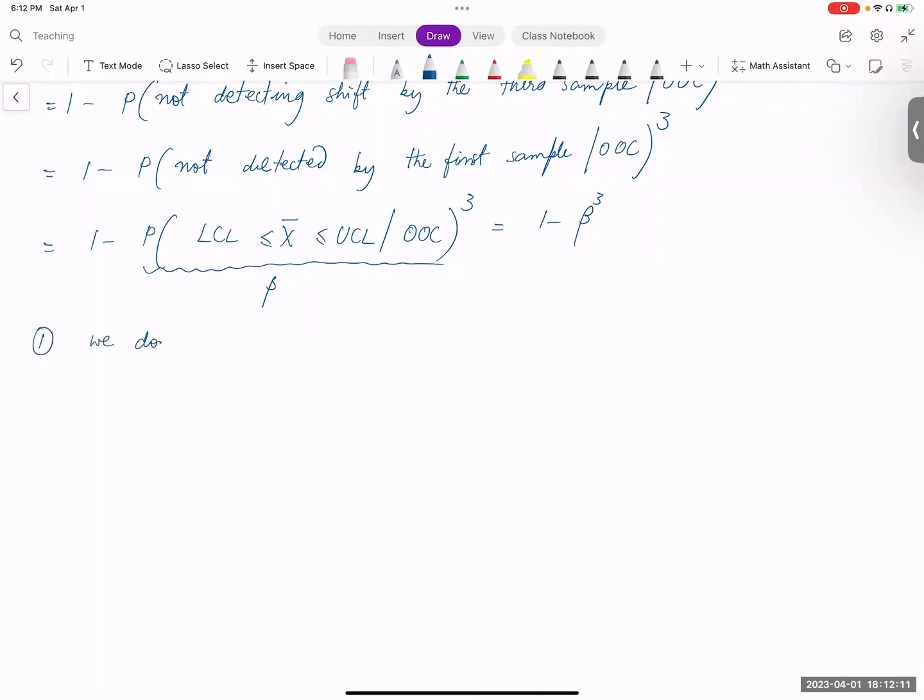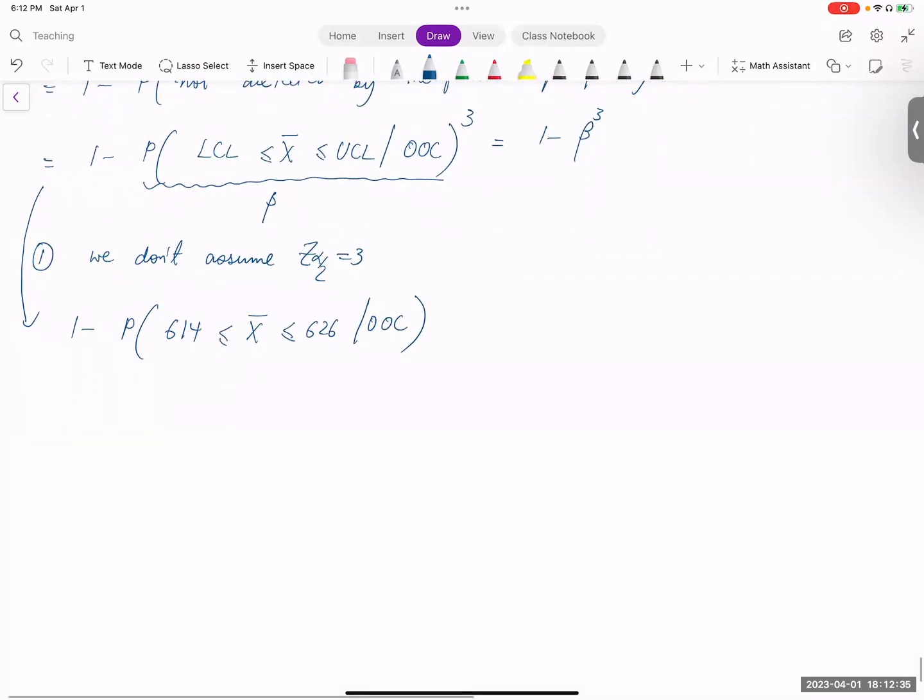So let's say in the first scenario, we don't assume Z alpha over 2 equals 3. In this case, we'll simply do 1 minus the probability X bar is less than or equal to UCL, which is 626, and greater than or equal to 614, given the process is out of control. Now, what you have to keep in mind is we need to know the distribution of X bar.